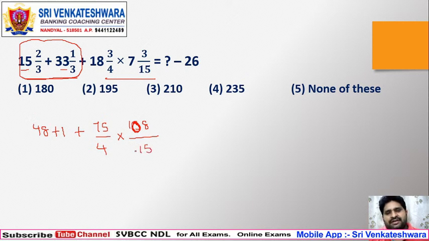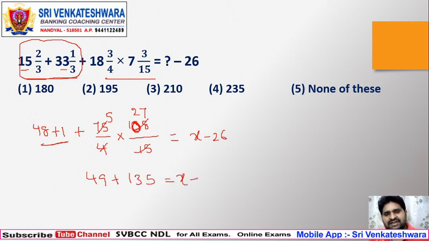So 108 by 15. Clear? That is equal to x minus 26, the question mark being x minus 26. First take this calculation: 15 5s it will go, and 4 2s are 8 and 4 7s are 28. 48 plus 1, 49, and this part is 49. This is 5 into 27, which I write 5 20s are 100 plus 5 7s are 35, 135, equal to x minus 26.